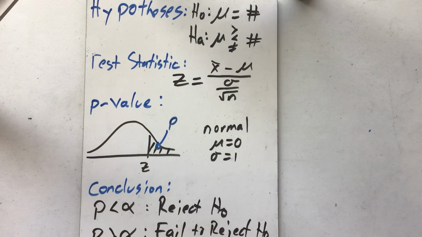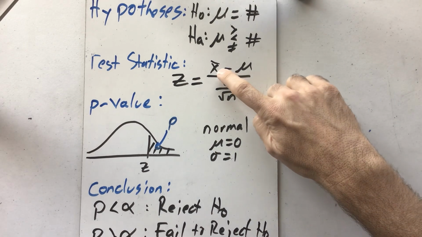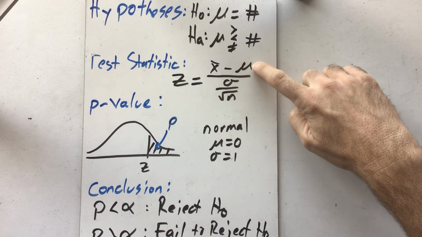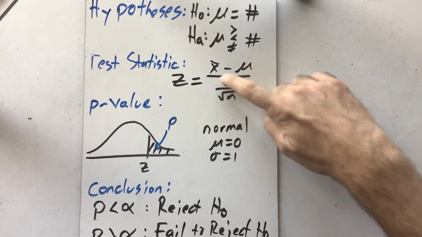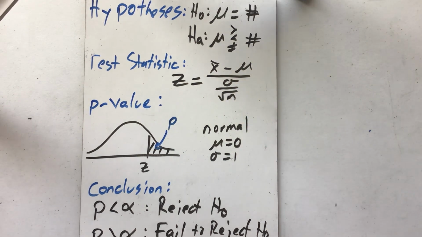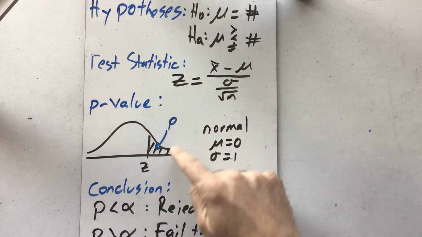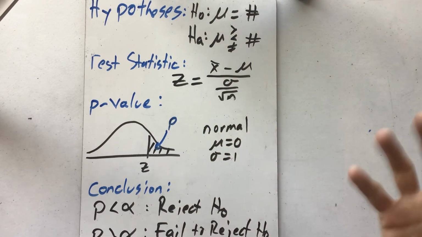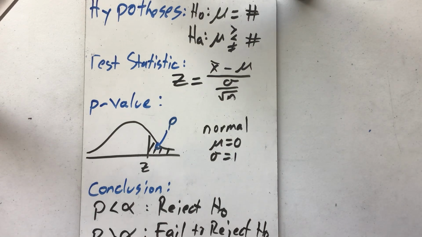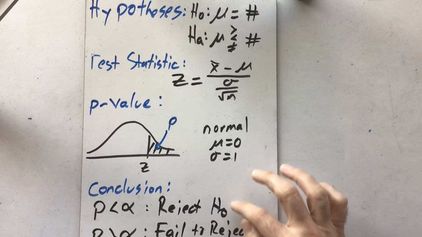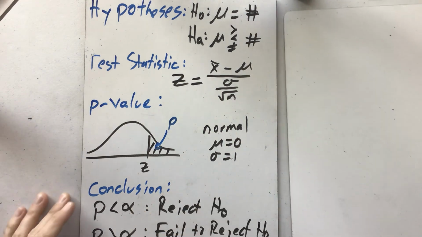This reminds us of a z-score, because we had the average, the average for the population, and our standard deviation modified by dividing by the square root of n, which came from the central limit theorem. Then we calculated our p-value, using the normal function on our app. Finally we had our conclusion, where we either rejected H naught or failed to reject H naught.